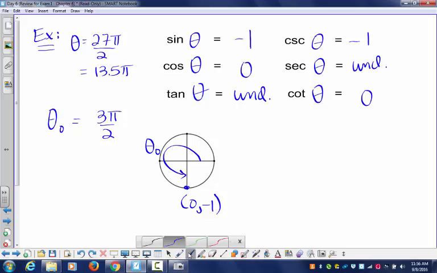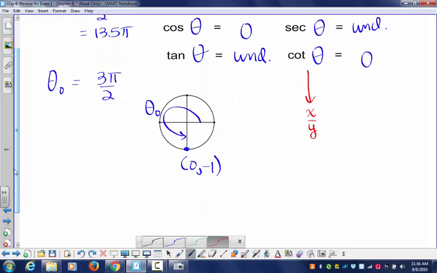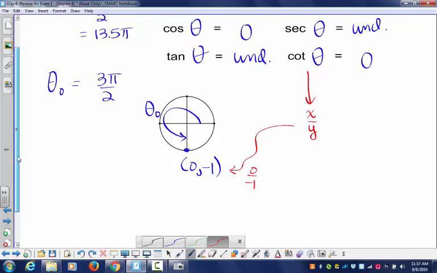Be careful there, because by definition, cotangent is the x value divided by the y value on the unit circle. So x divided by y is 0 over negative 1, and that's 0. Good?